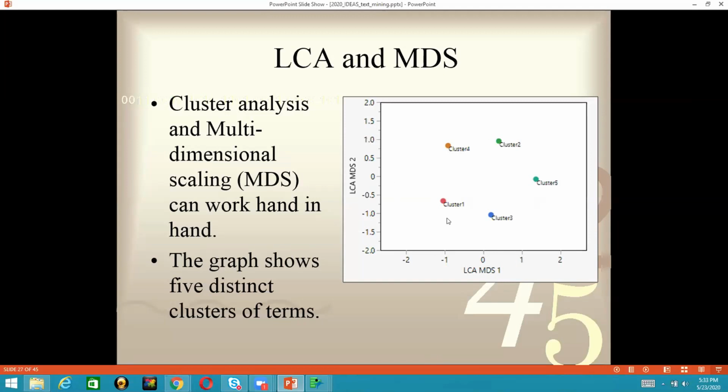Then I can see these 5 concepts or 5 clusters are far apart from each other. So they are quite distinct.